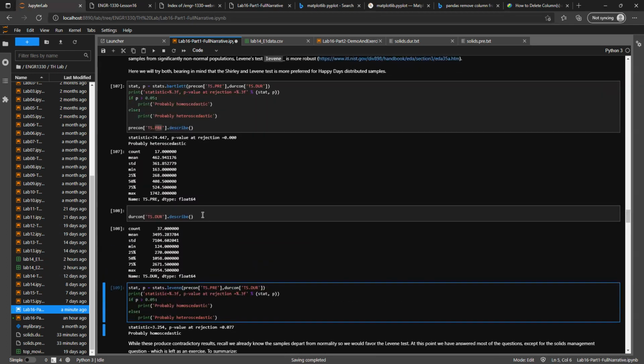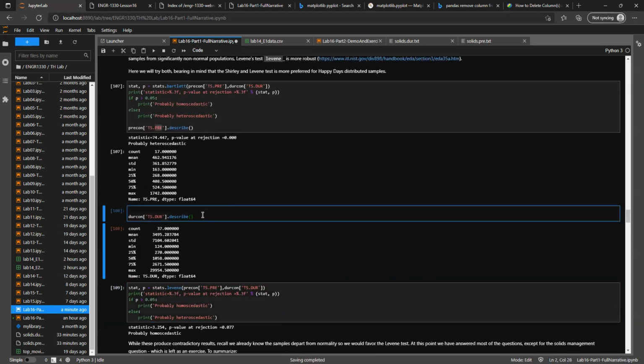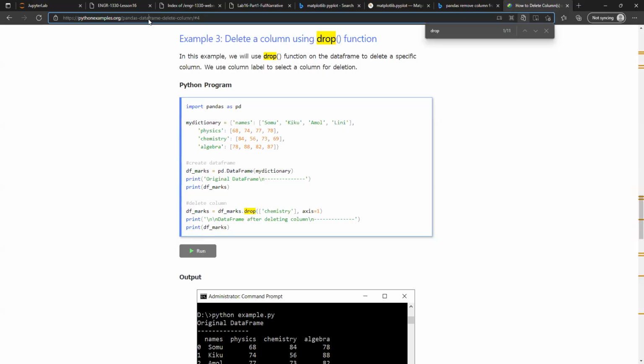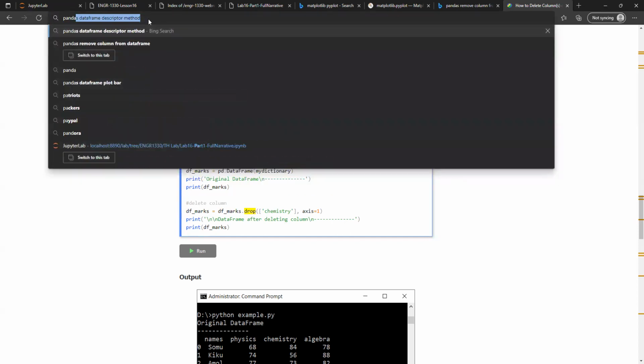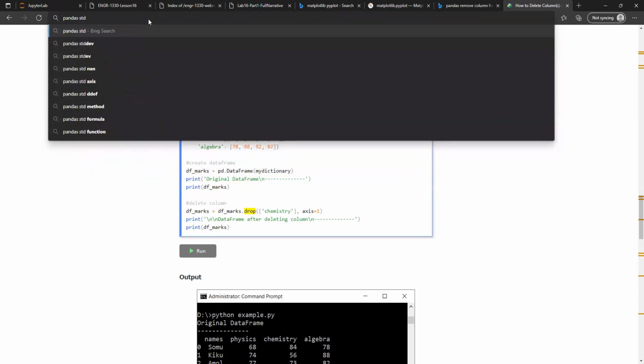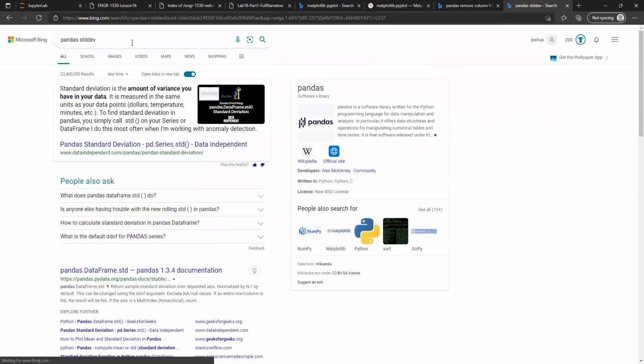So then, I wonder if you can index into these things. Let's see. I think it's just this. Yeah.